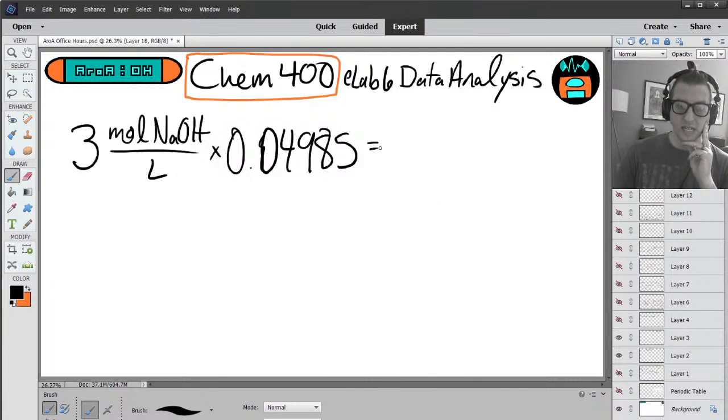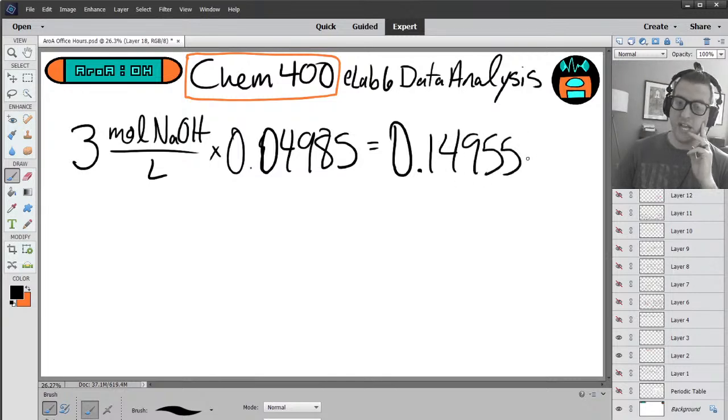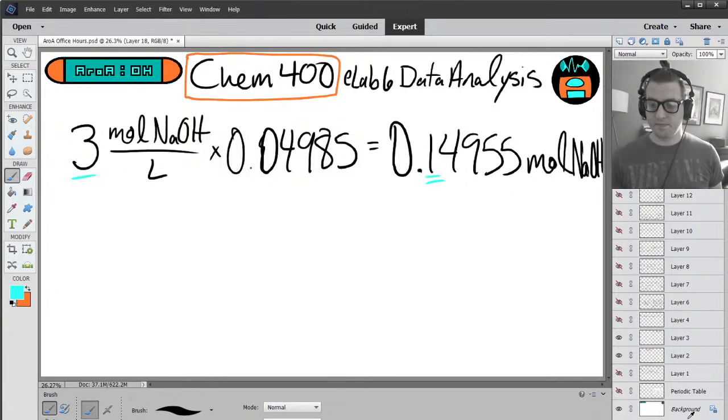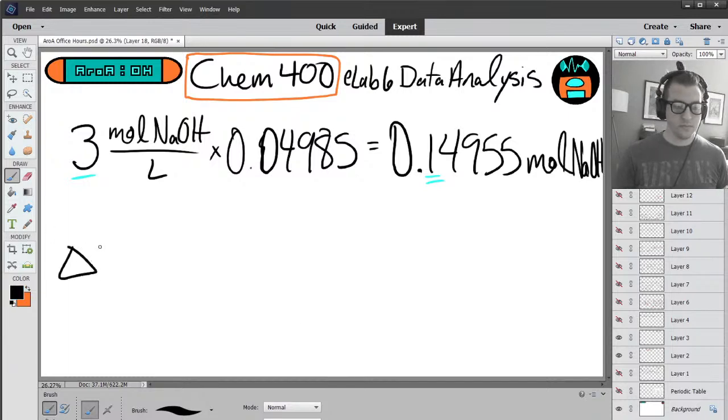All right, so this gives us 0.14955 moles of sodium hydroxide. We can only keep 1 sig fig because of our molarity, but we're still going to use the whole number to calculate our change in enthalpy for the reaction, which is Q of the reaction over moles of limiting reagent.